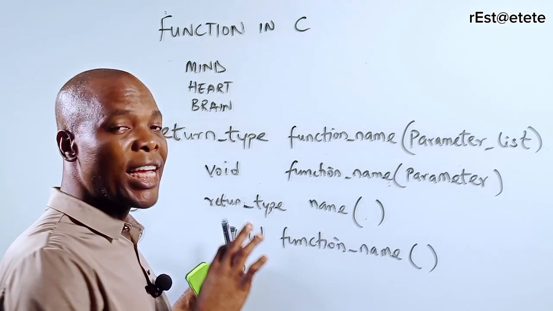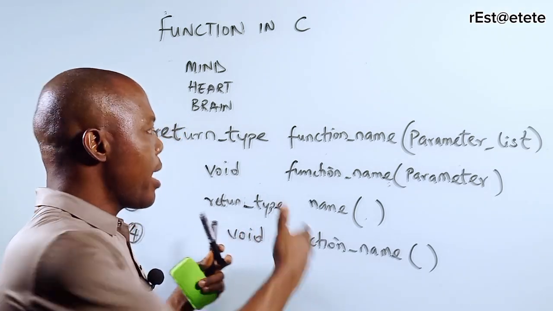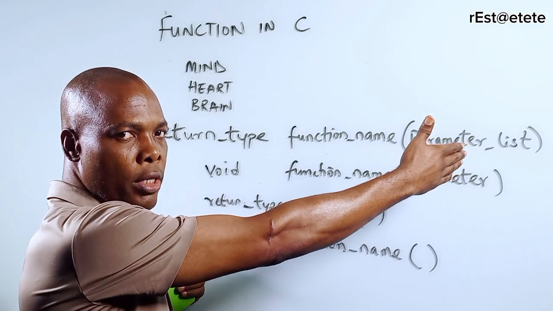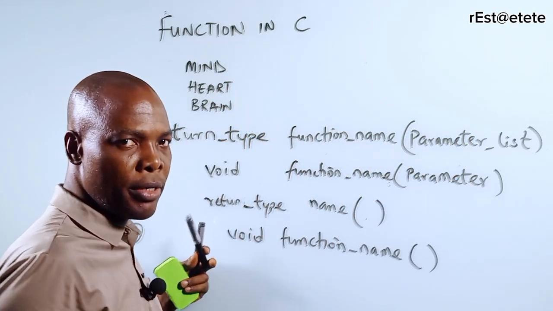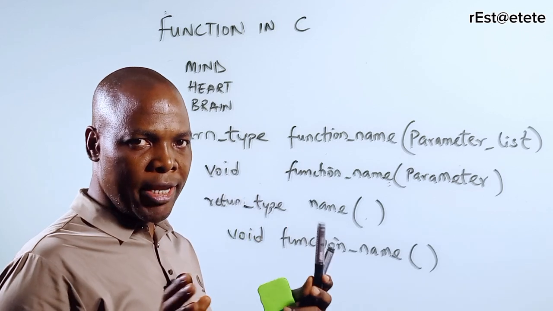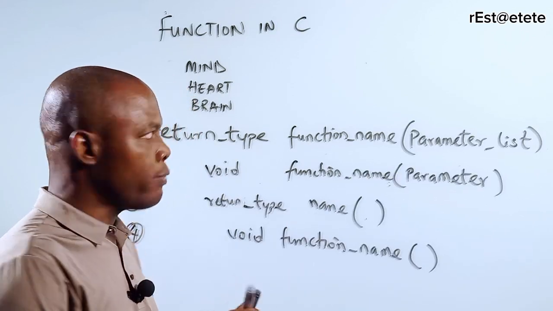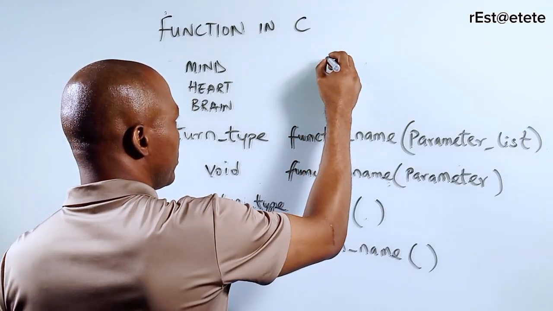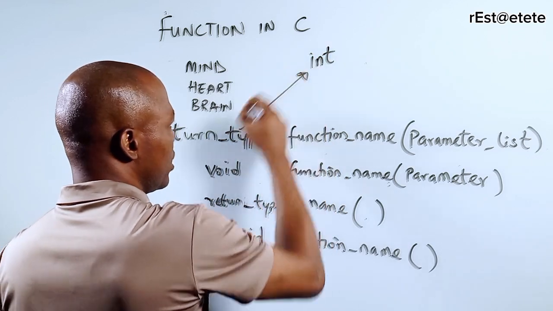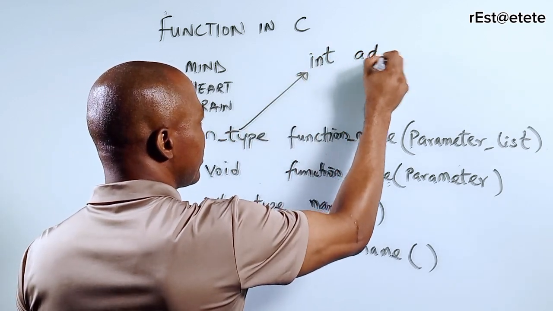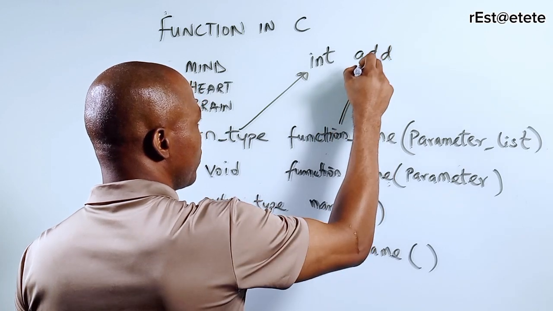So in this class, I just want to show you the function and then show you the part that represents the mind, the heart, and the brain. So let's write a very simple function, which is what? Addition of two numbers. So I'm just going to say the function is int, that is the return type. Then add, that is the function name.